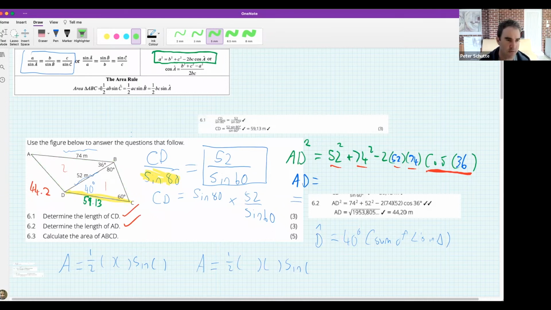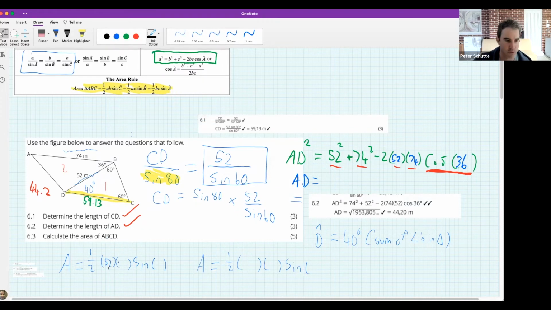Now at the top here, we've got this thing called the area rule. Right, so here it is. And what it says is basically I can find the area of a triangle if I have a half times the length of one side times the length of another times the sine of the angle between them. And so that's what you're doing. So for the one down here at the bottom, you've got 52 would be the one amount.